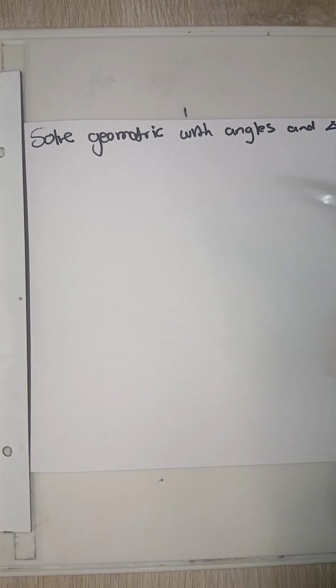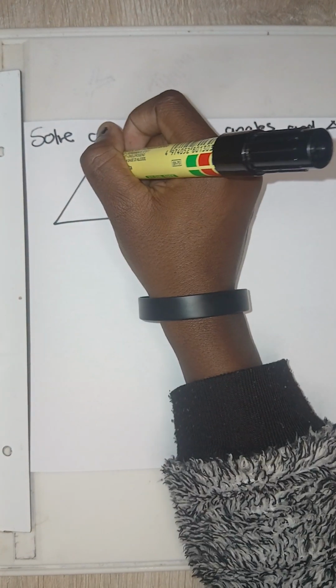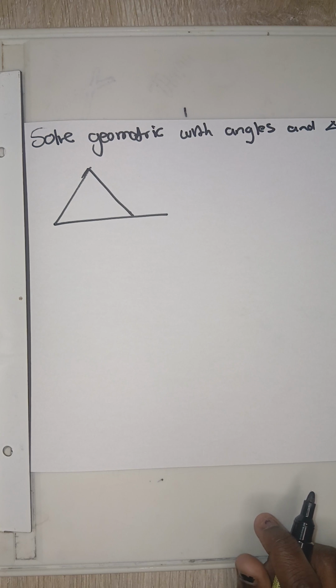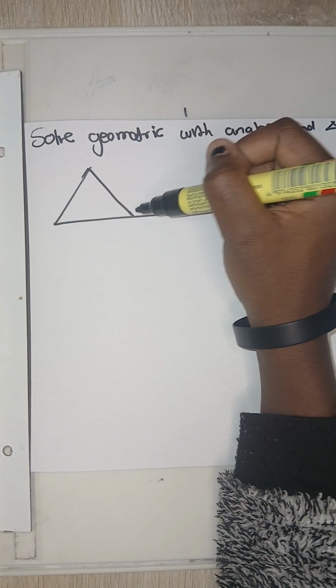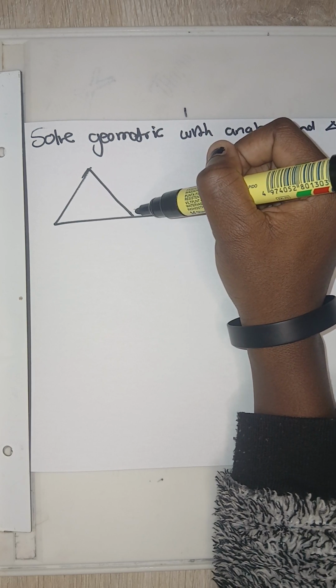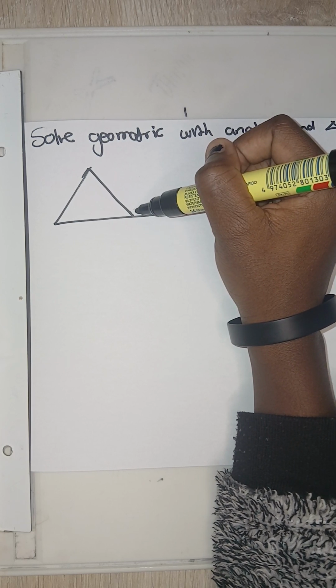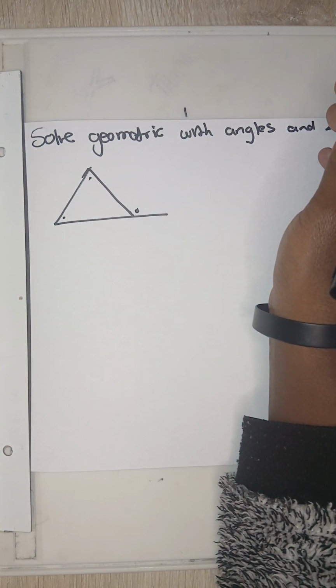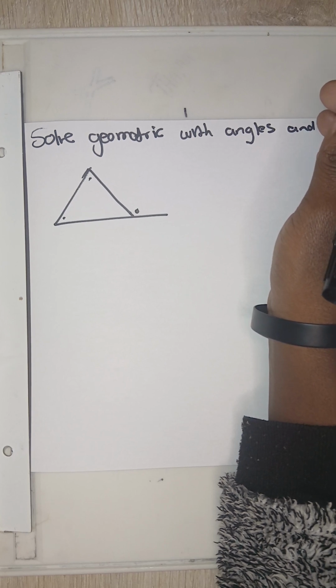Firstly, let me draw it first. I don't know if you all know this rule. An exterior angle of a triangle is equal to the sum of the two interior angles, or the opposite angles.